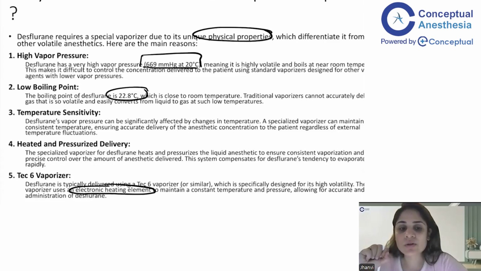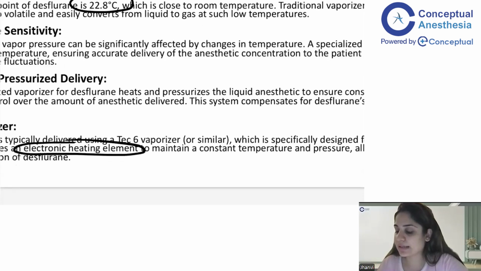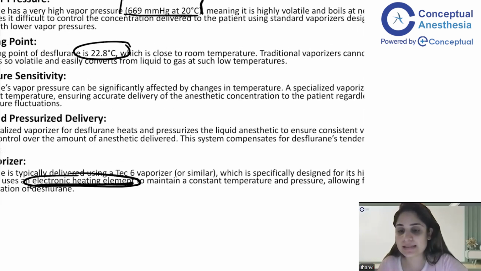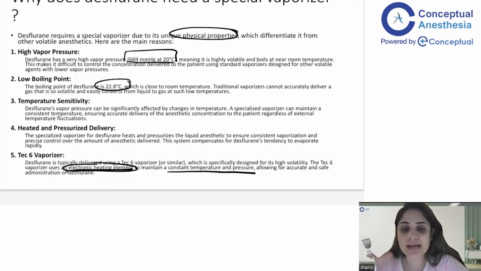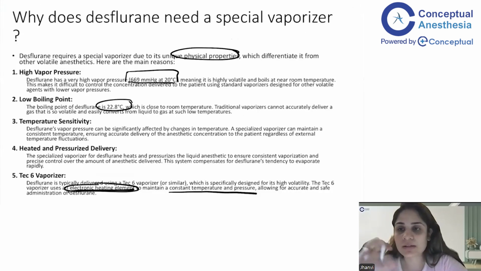Then desflurane is also highly temperature sensitive, and that is why, as I told you, the electronic heating element in the Tech 6 vaporizer makes sure there is a constant temperature and pressure. Even slight fluctuations in temperature and pressure of desflurane can change the concentration of desflurane that is being given to the patient.